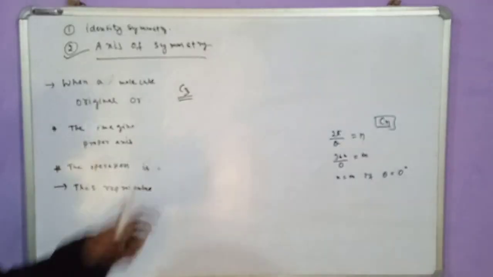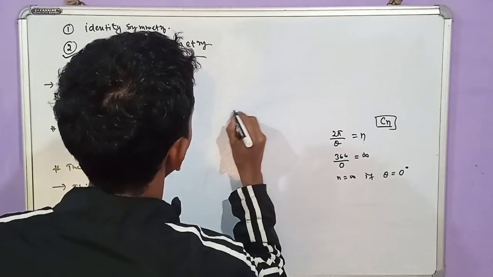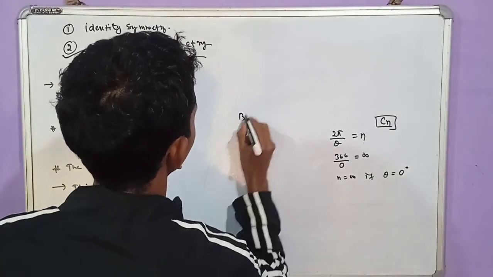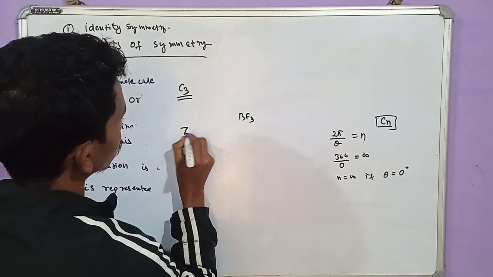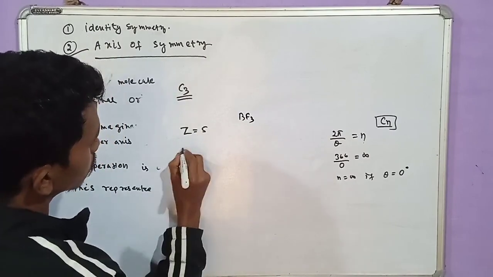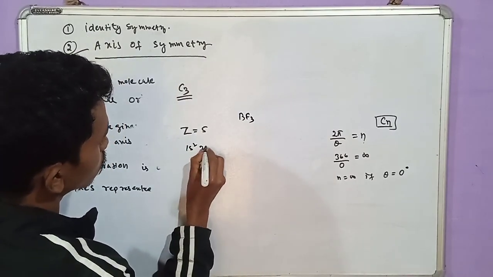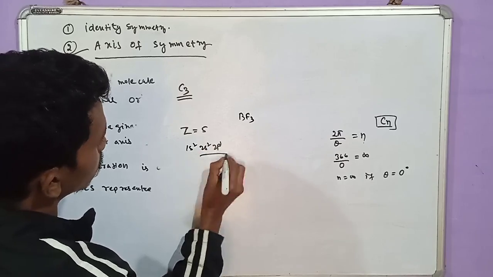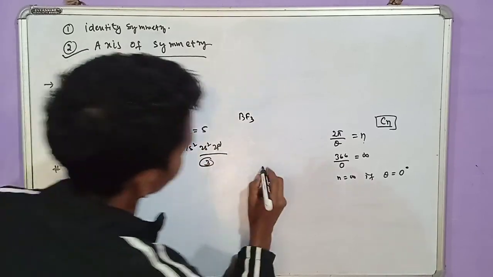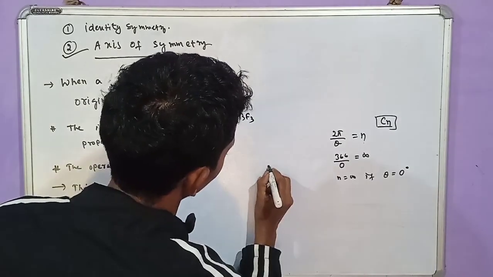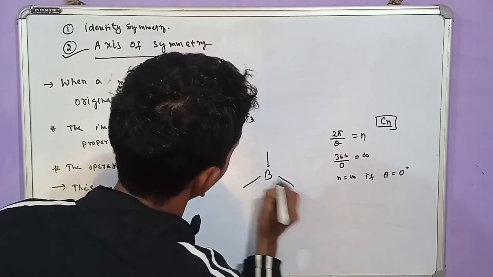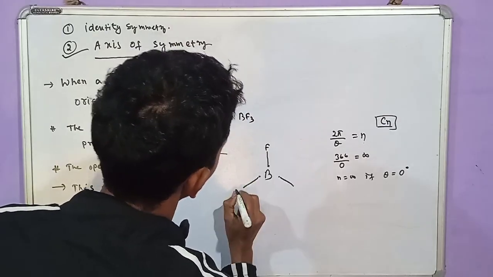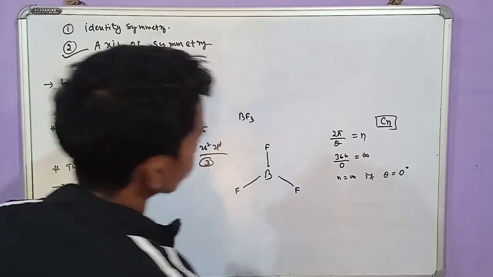In these molecules, if you take the example, let's say BF3. Here boron atomic number is 5, so the configuration is 1s2 2s2 2p1, so valence electron is 3. So to these 3 valence electrons, 3 F have joined. So here no lone pair is present.